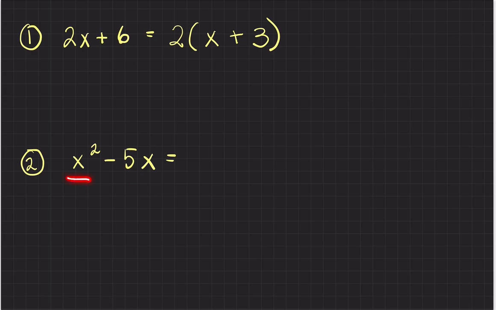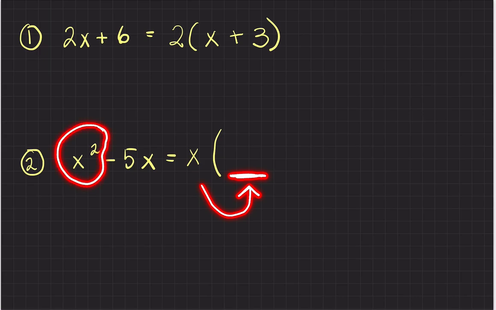What do these two terms have in common? They have x in common because as you can see, x squared is x times x. And this x with one of these x's are in common. So I'm going to write the x here, then parentheses, and I start doing x times what that I should write here would give me the x squared.